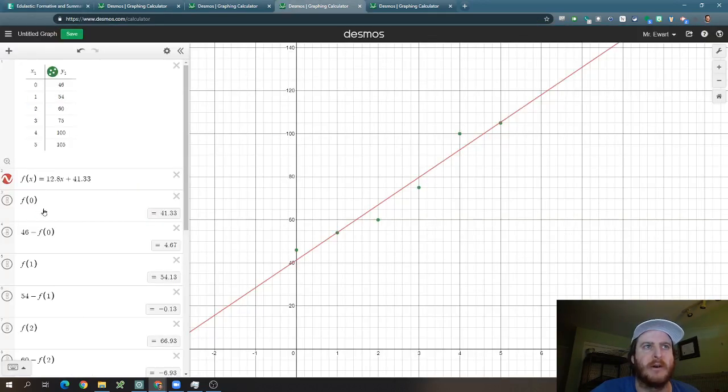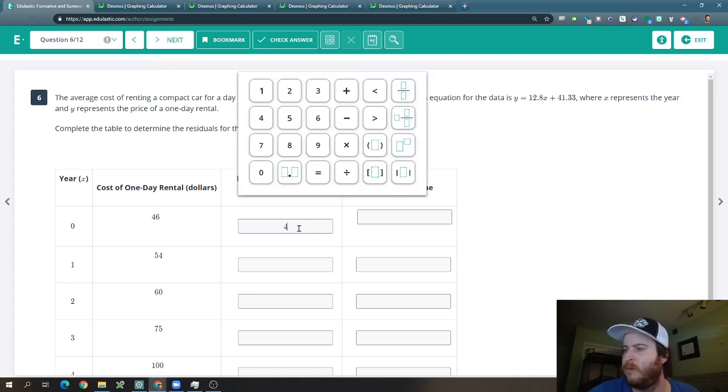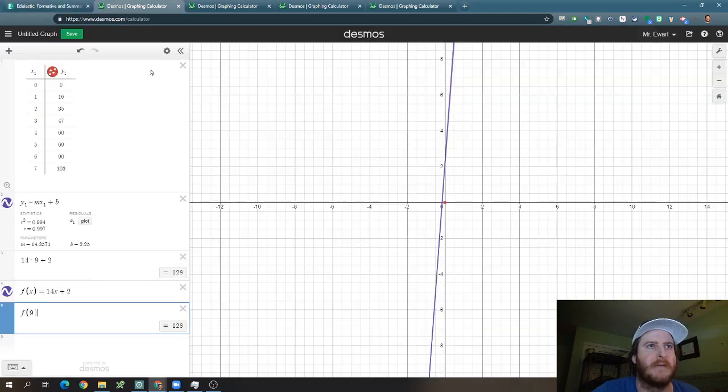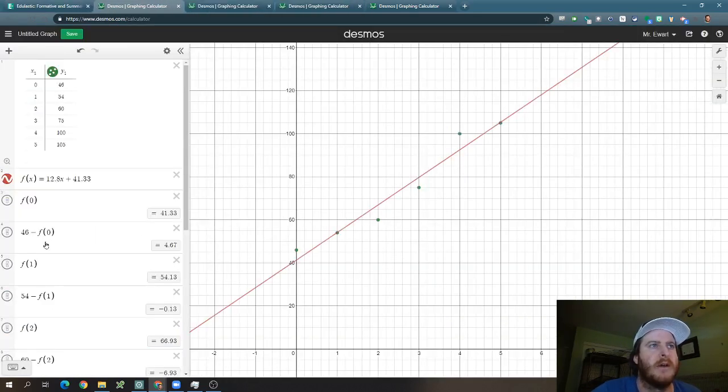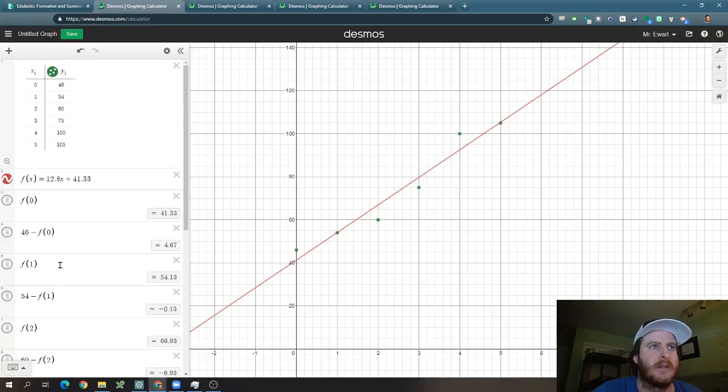I'm going to do f of 0. F of 0 is 41.33, right? So we'll do 41.33. Then I'll do 46 minus 41.33. So I did 46 minus f of 0. You could also just do 41.33, and we got 4.67. And we'll just kind of keep doing this, right? So next we'll do f of 1.